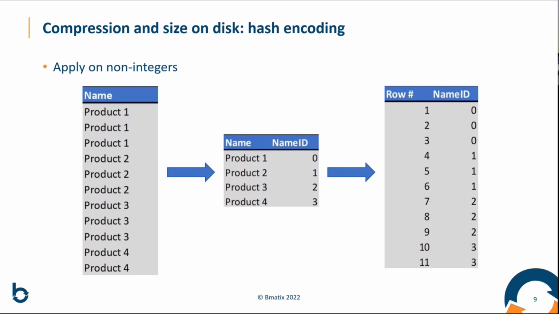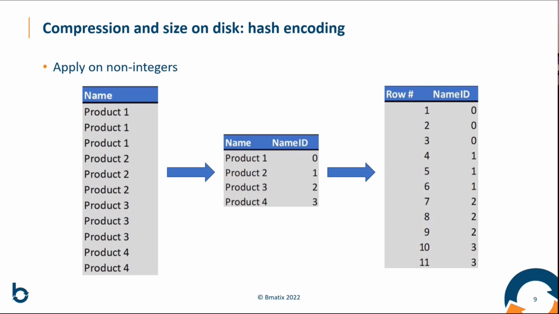Another optimization that is done on non-integers is hash encoding, or dictionary encoding is another term that's used for that. With this algorithm, the compression algorithm is going to look at values that are not unique.